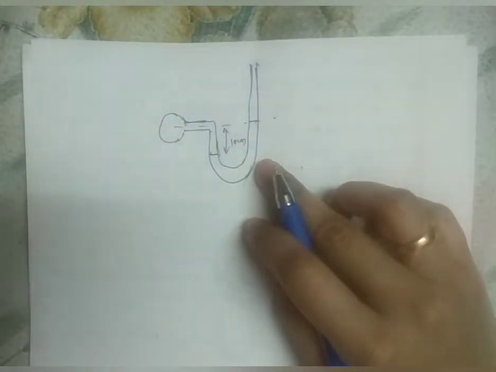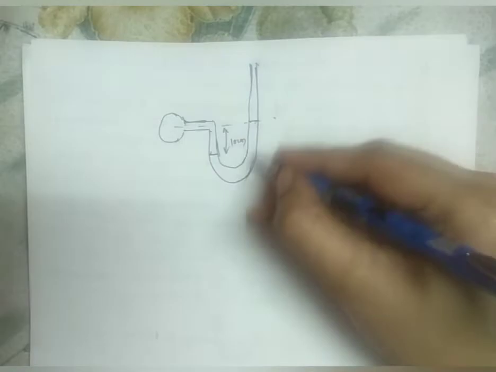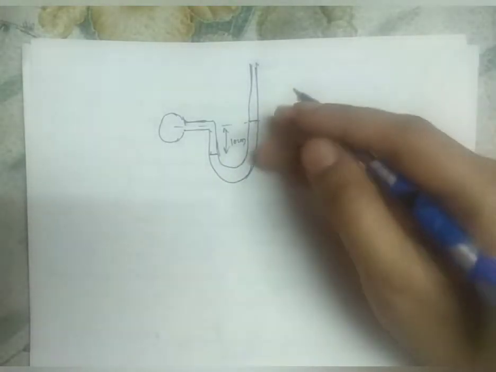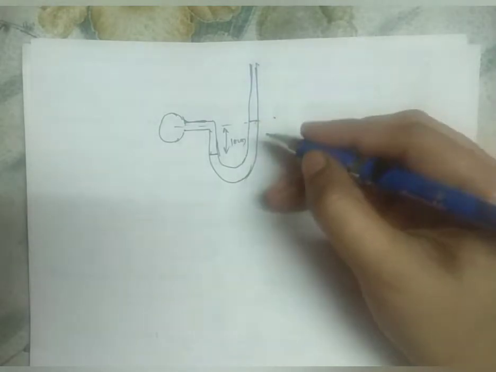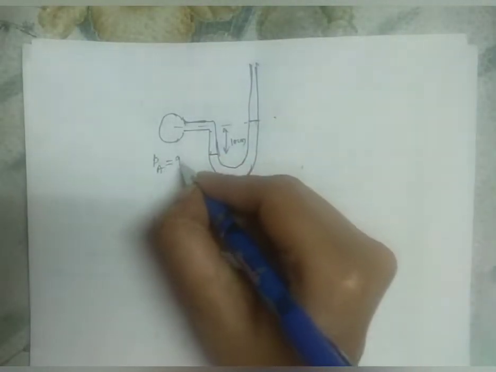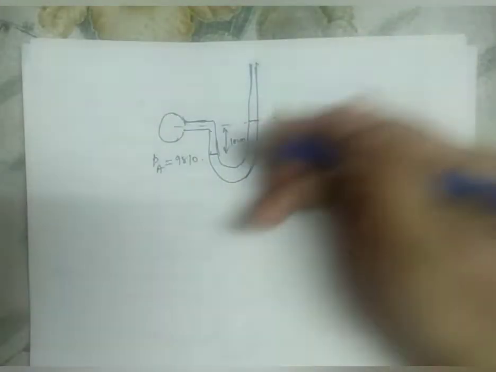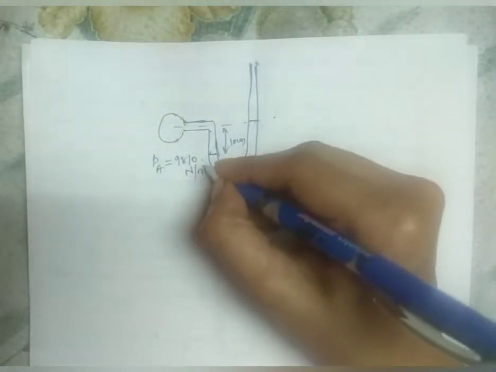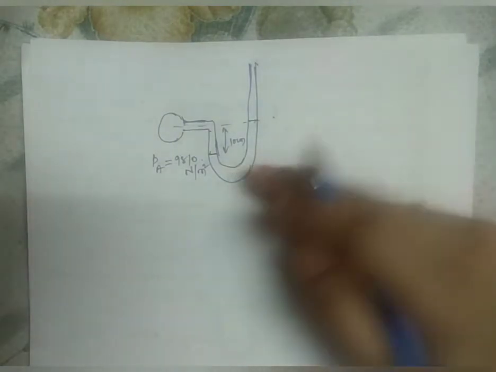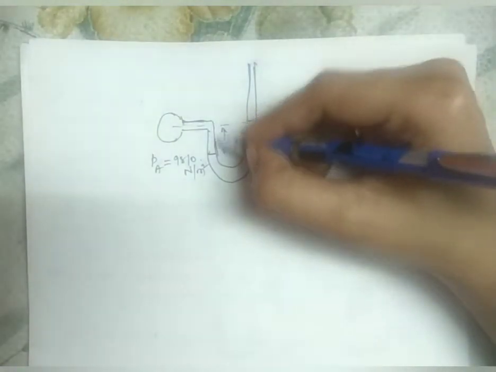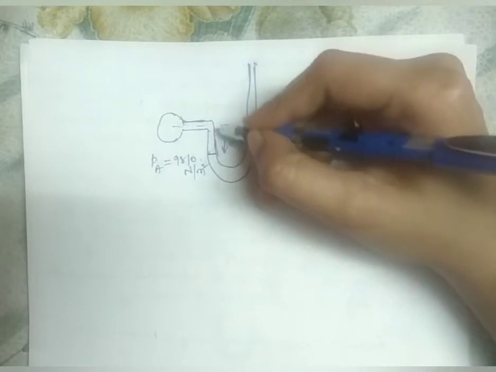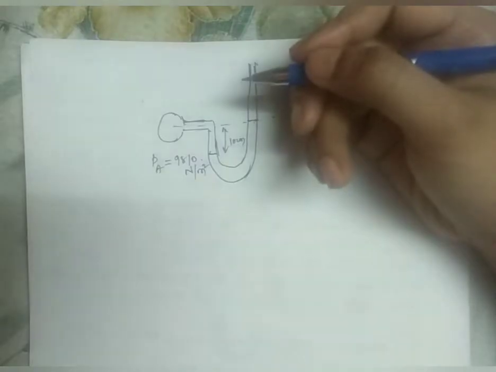Now what I have to find out is the new difference in the level by knowing the new pressure, that is P_A here is 9810 Newton per meter square. Which means that the height of this particular liquid column got reduced, isn't it?